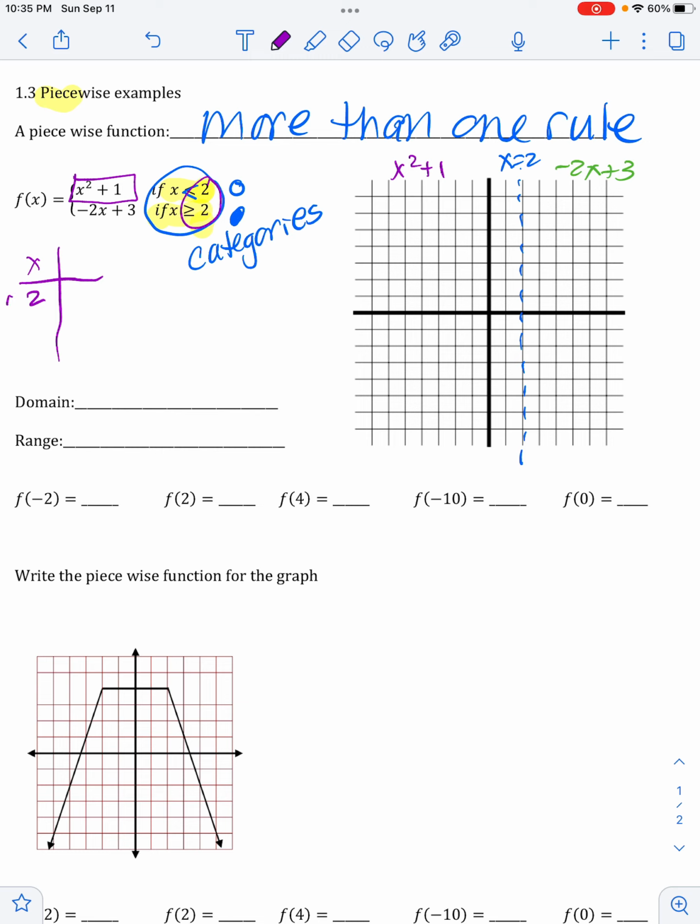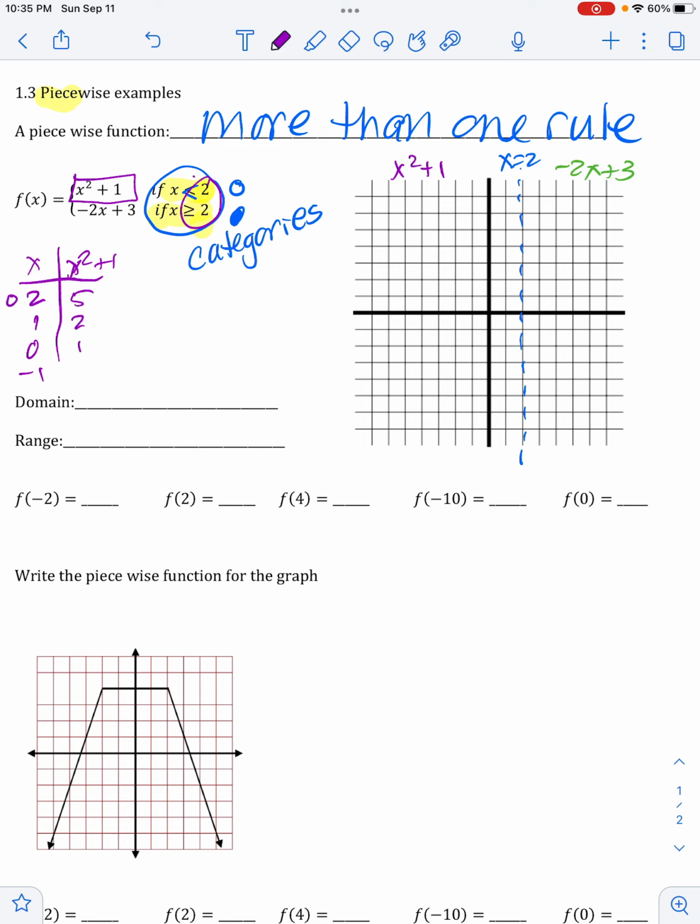In terms of this x squared plus 1, I'm going to always pick the breaking point, which is the 2, but keeping in mind that's an open circle. And then I need x's that are less than that, so I would use 1, 0, negative 1, that kind of thing. When I plug those into the rule, which is x squared plus 1, I'm going to get my set of y values.